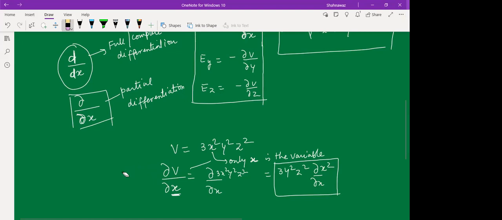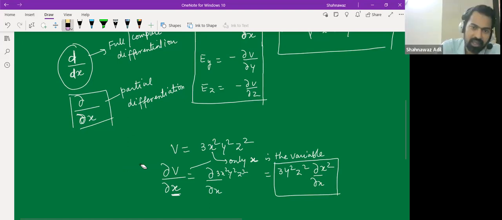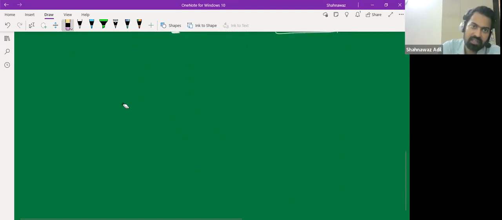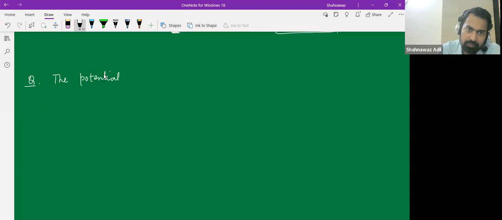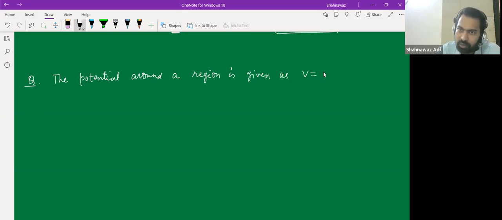Let's say that potential is given like this. This is how they ask the question. First, let us do a simple question. The potential around a region is given as V equal to 3x square plus 2x plus 5.